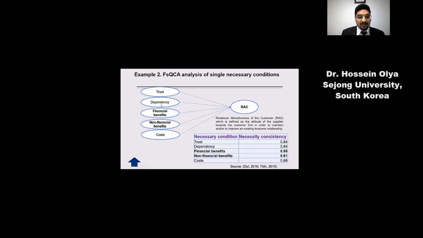Dependency is not necessary. Cost is not necessary. But financial benefits and non-financial benefits are key, are necessary. Without the benefits, either financial or non-financial, you would not have relational attractiveness of the customers. So you see how these results inform the practitioners to care about the factors, to care about the conditions that they are dealing with.